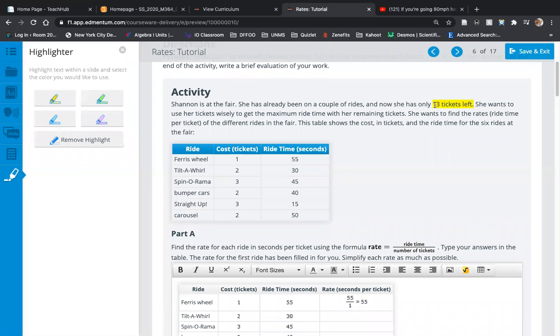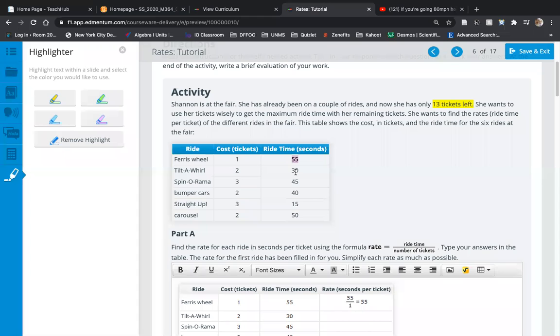Remember, she only has 13 tickets left. So she could go on the Ferris wheel 13 times. She could go on the tilt-a-whirl 6 times and then go on the Ferris wheel once. But remember, what she's trying to do is get the maximum ride time. And the ride time is given to us over here on the right-hand side. If she's on the Ferris wheel, that's gonna be close to a minute long.